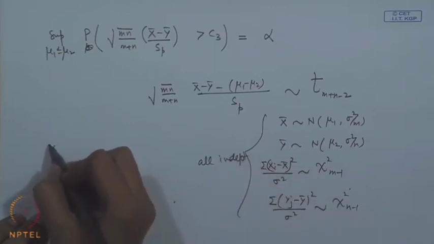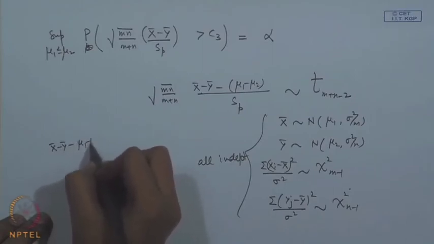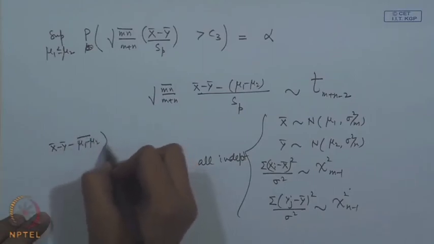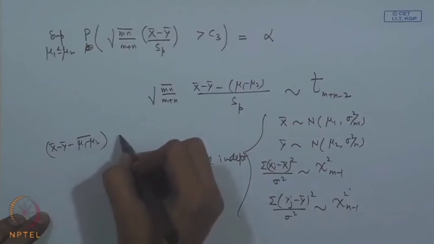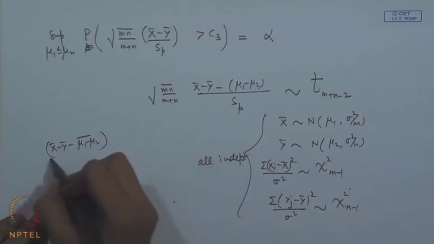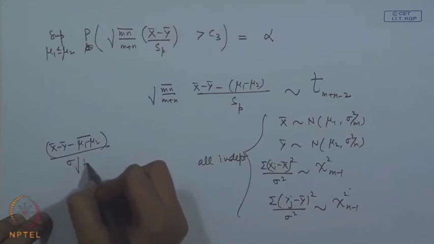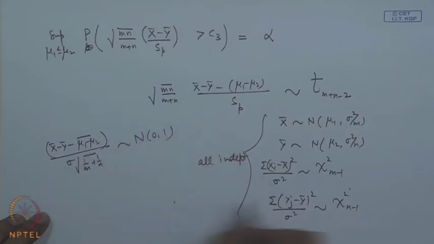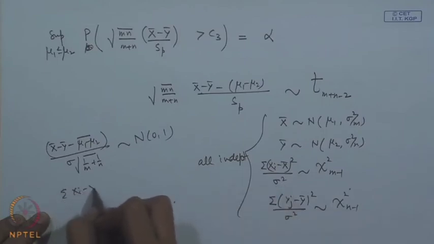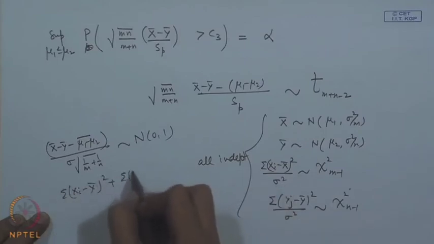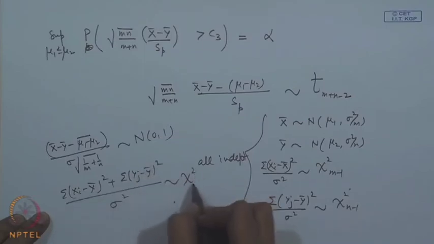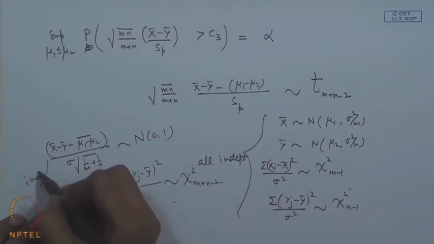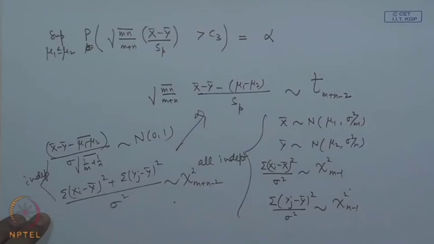So, x bar minus y bar minus mu 1 minus mu 2, if I divide by sigma root 1 by m plus 1 by n, this will follow normal 0, 1, and sigma x_i minus x bar square plus sigma y_j minus y bar square by sigma square follows chi square distribution on m plus n minus 2 degrees of freedom, and we take the ratio, that will give me this as t distribution.